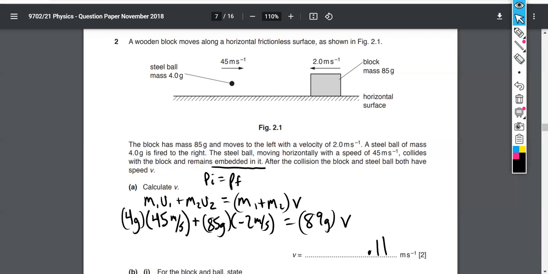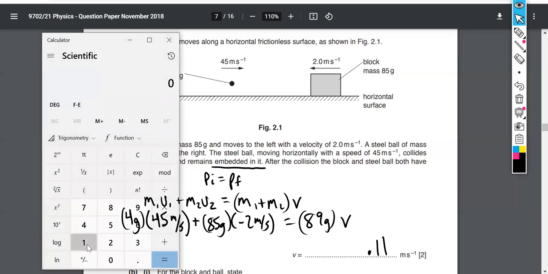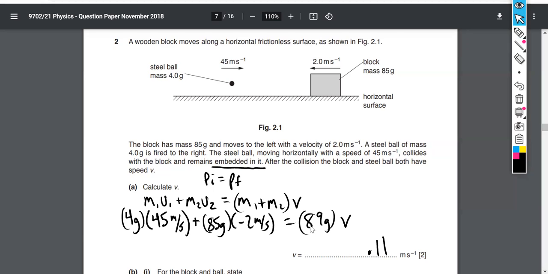Should be 0.11, right? Yeah, 0.1123. The units on the left side of this are gram meters per second. So when we divide by 89 grams, the grams cancel and we're just left with meters per second.